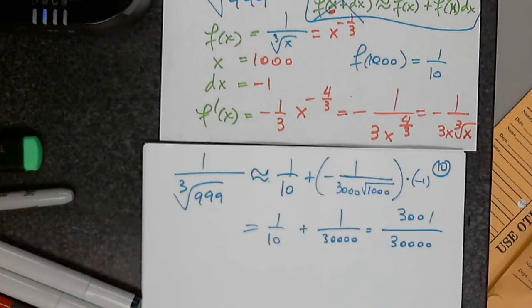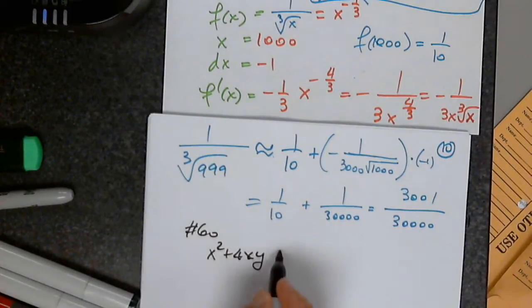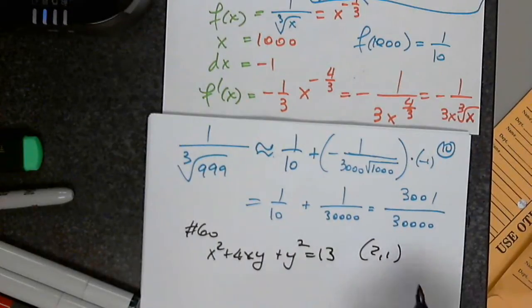Okay. Let's take a look at problem 60. Find the equations of the tangent line and the normal line to the curve x squared plus 4xy plus y squared equals 13 at the given point 2 comma 1.